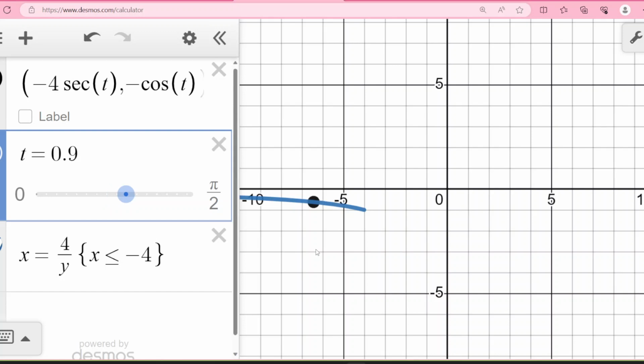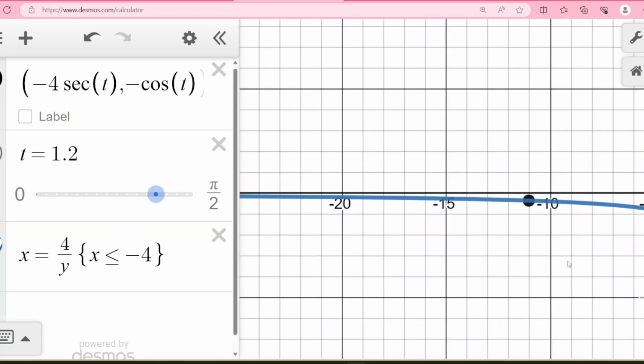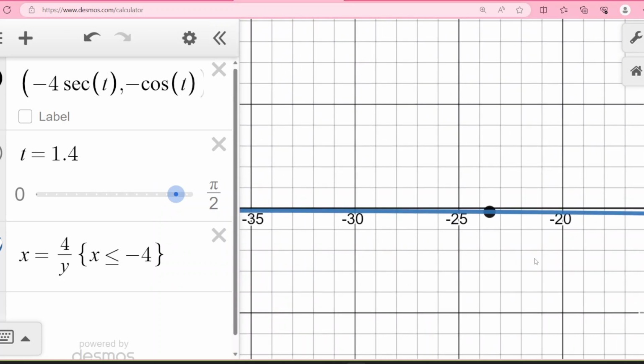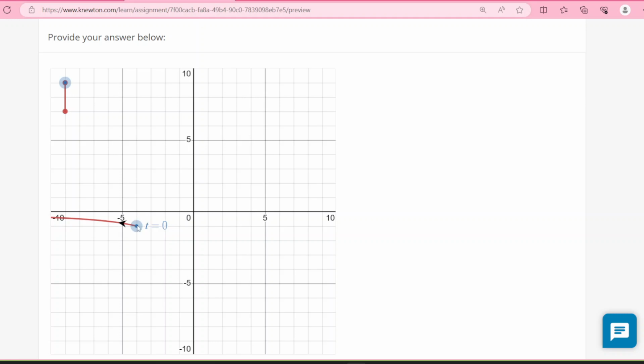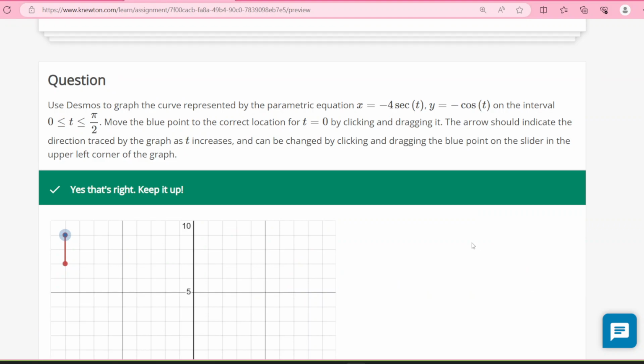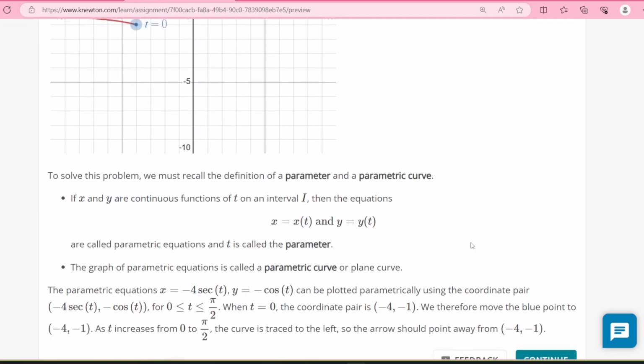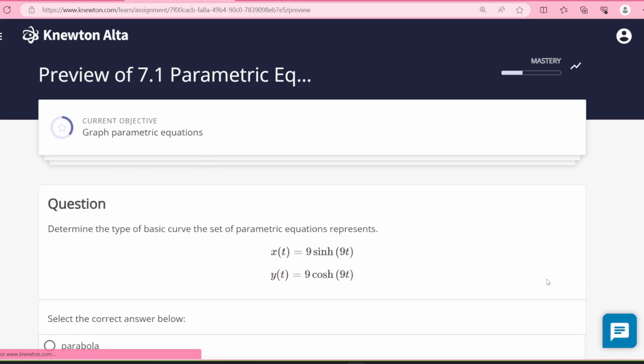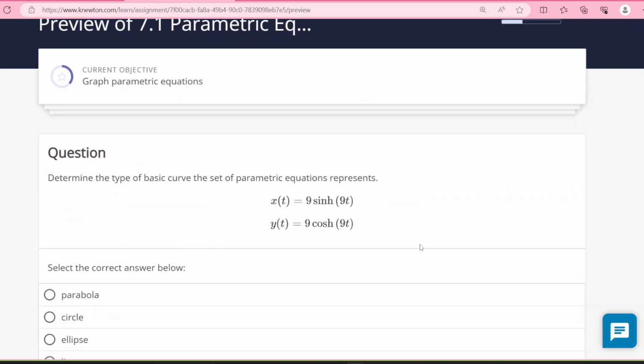I don't see it slowly moving. But then the closer you get to pi over 2, it starts shooting out real quick. Right? Oh yeah. Okay. So yeah, so this is our correct graph here. Great. All right.